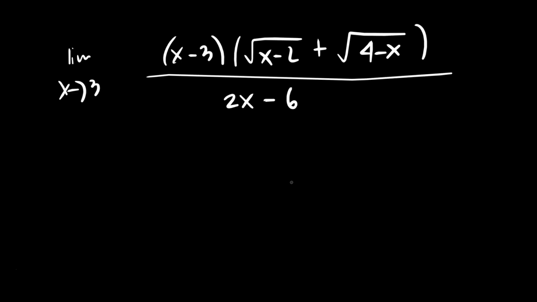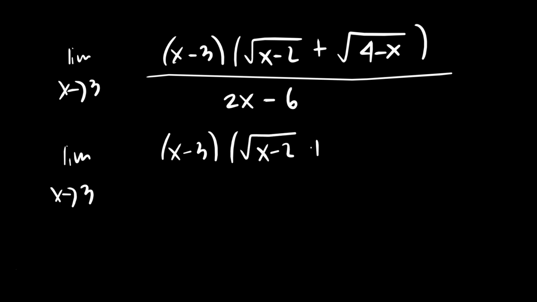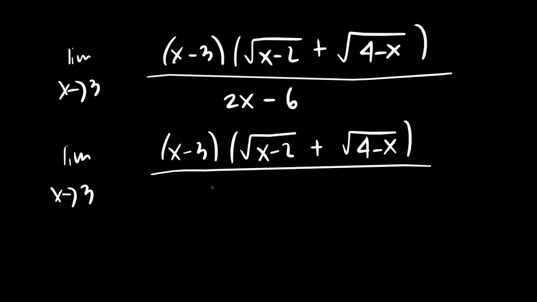So we'll have further simplification. The limit as x approaches 3. Just copy also the numerator: square root of x minus 2 plus square root of 4 minus x. We'll factor 2x minus 6. Its factor will be 2, so 2 times (x minus 3), right?